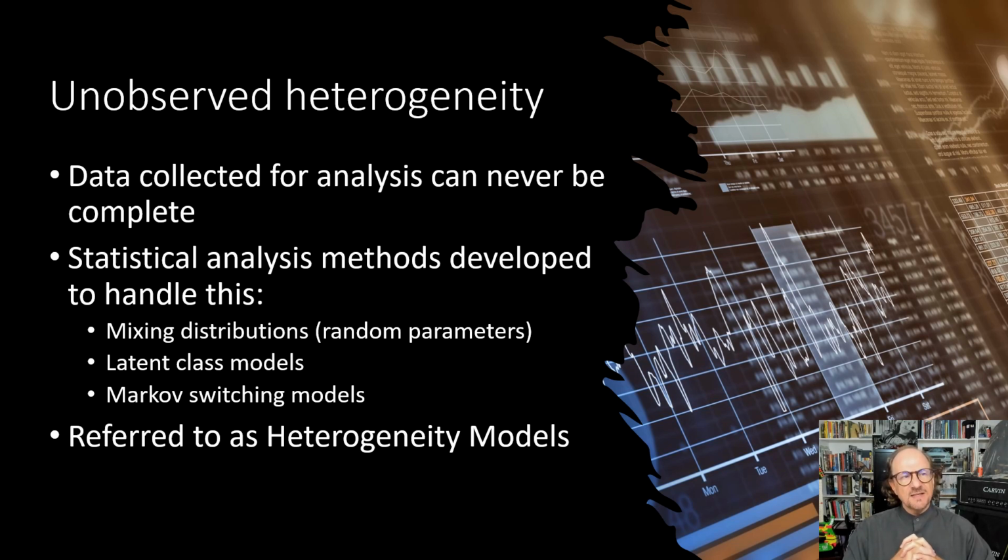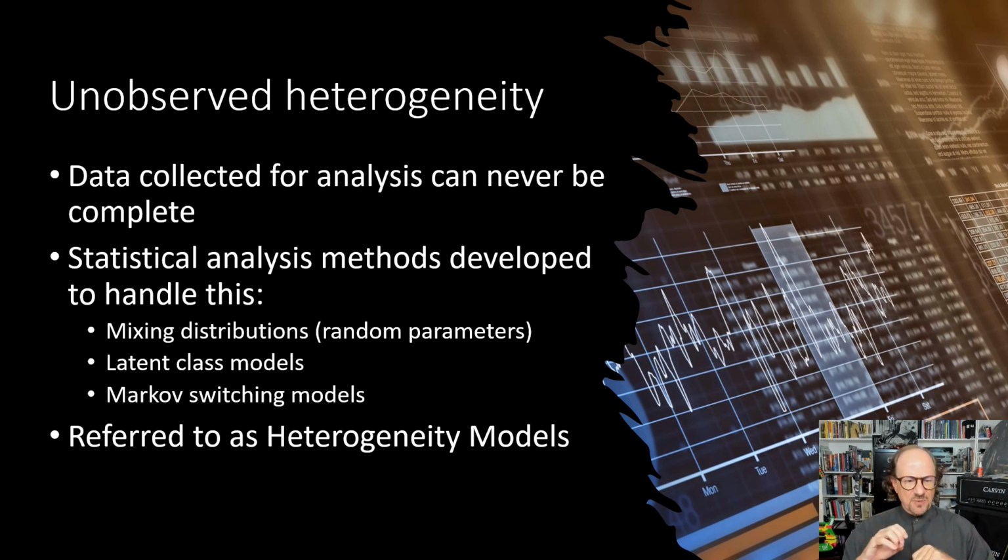So the idea is that unobserved heterogeneity does not necessarily vary from one observation to the next, but there are groups of observations or latent classes that share the same marginal effect or the same parameter values.